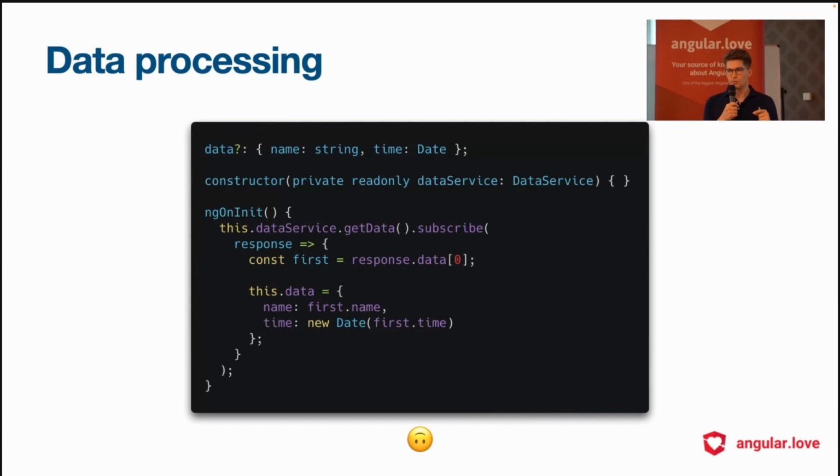And also what's really bad about that is there's no control mechanism in TypeScript or Angular to ensure that only a subscription block can mutate, can assign this value. We are not sure that there is not some other function, like onClick, or maybe some other subscription that can affect this value, that can mutate it.